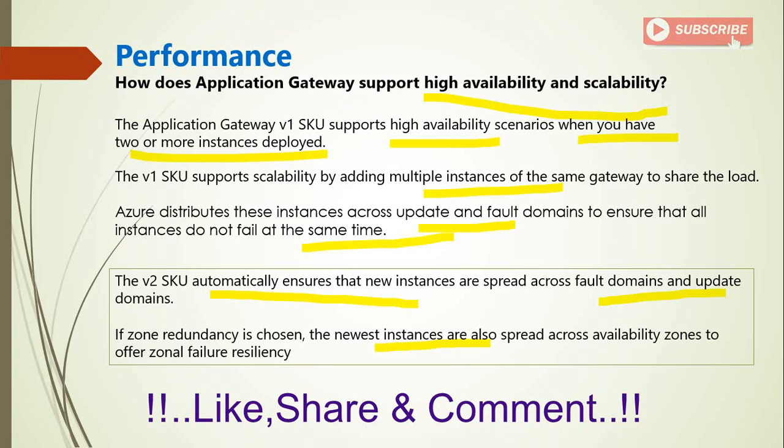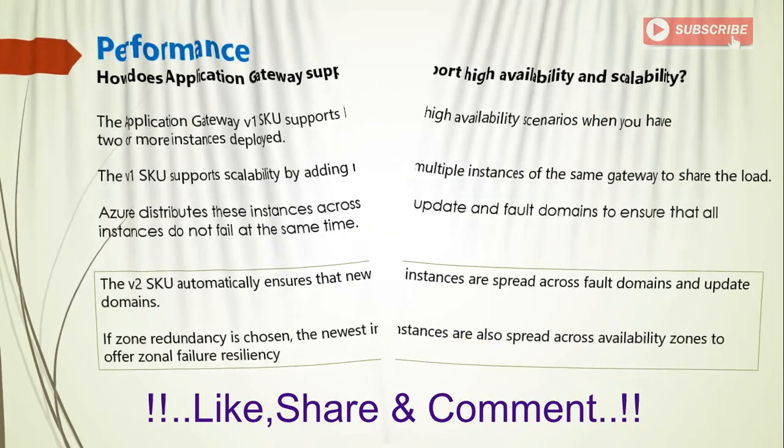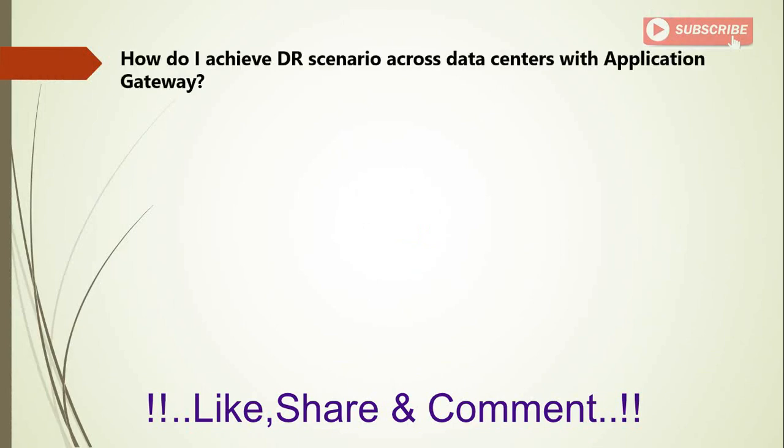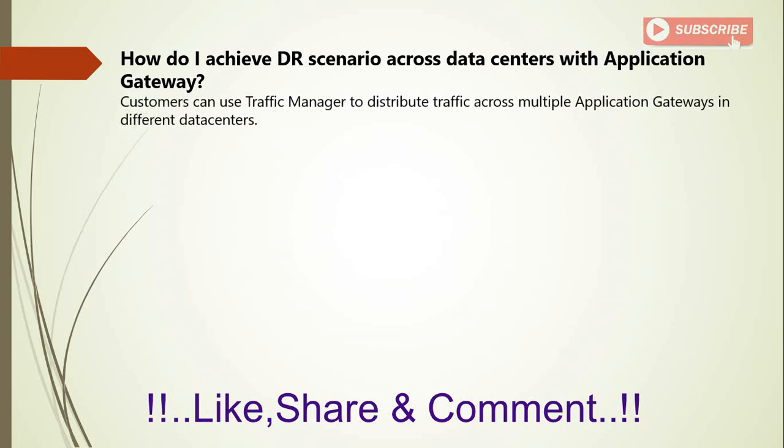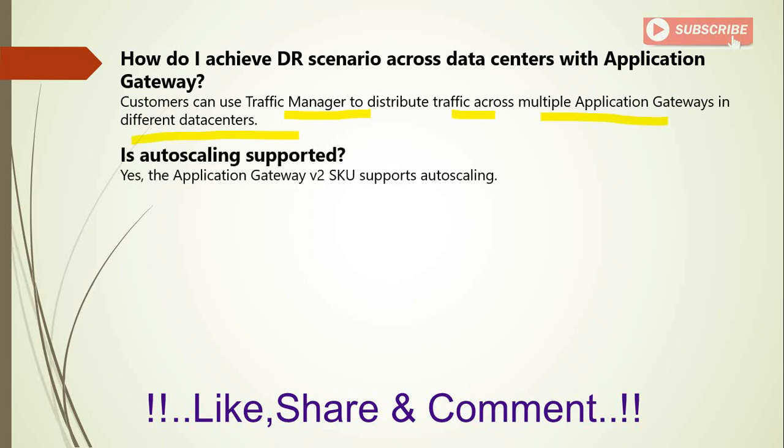So this is the difference between gateway v1 SKU and v2 SKU. Next one, how do I achieve DR scenario across data centers with application gateway? So the customer can use Traffic Manager to distribute traffic across multiple application gateways in different data centers.